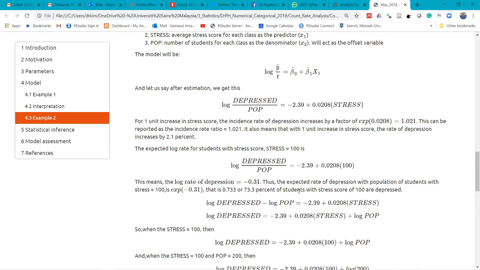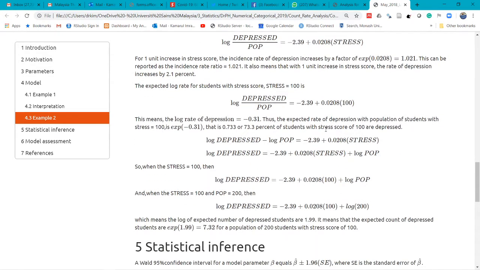Let me check this one. I think something is wrong here.